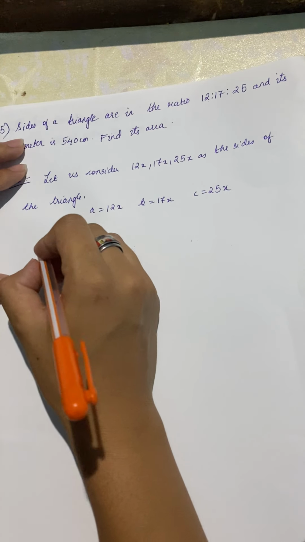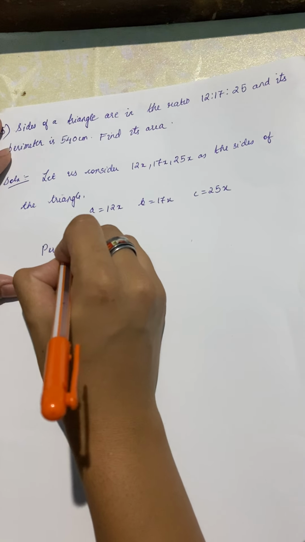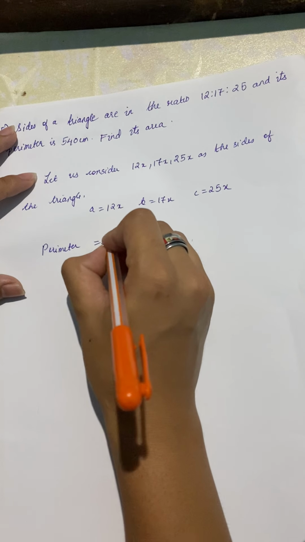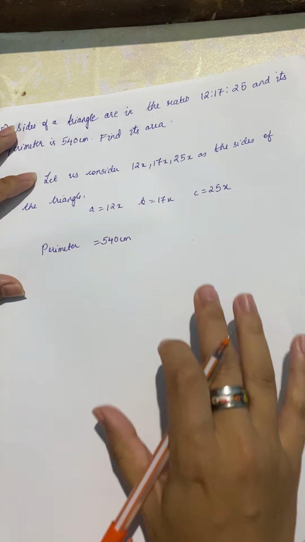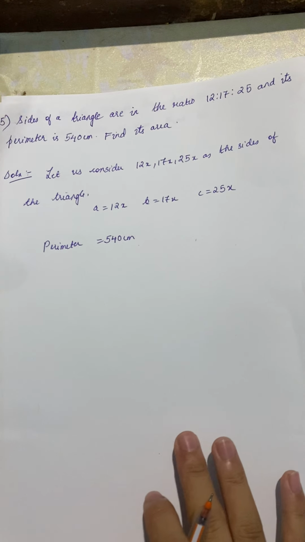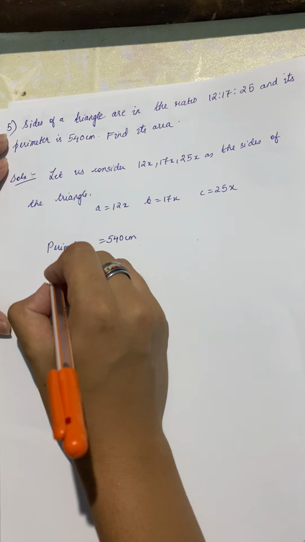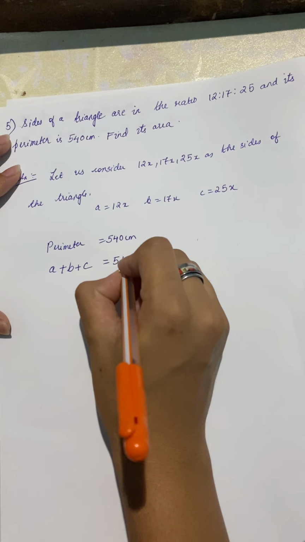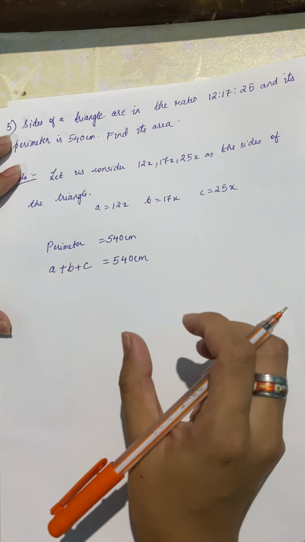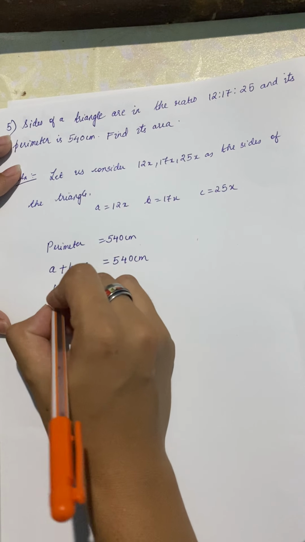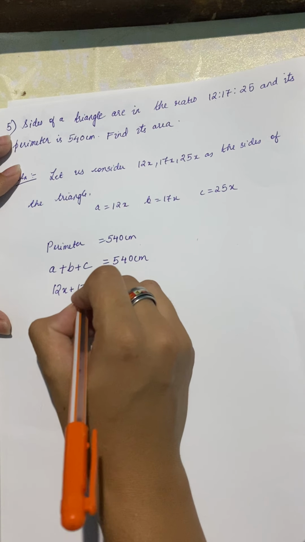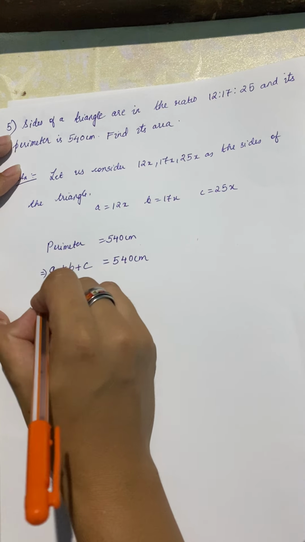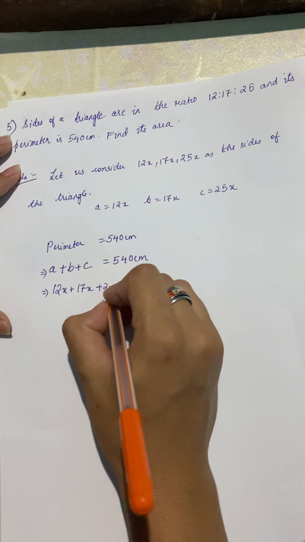What is given to us is that the perimeter is 540 centimeter. Now, what is the formula of perimeter? A plus B plus C is equivalent to 540 centimeter. And what is the value of A? It is 12x, B value is 17x, and C value is 25x.